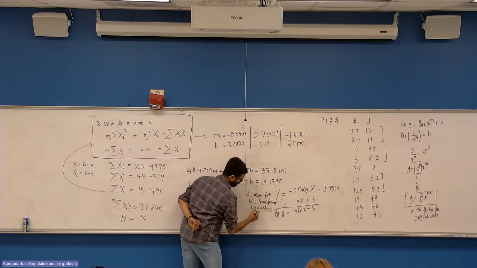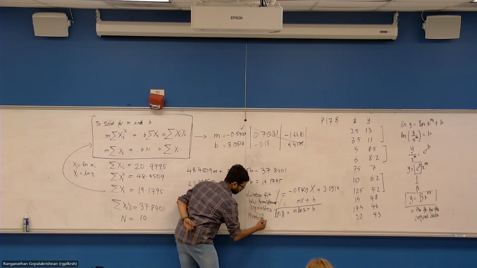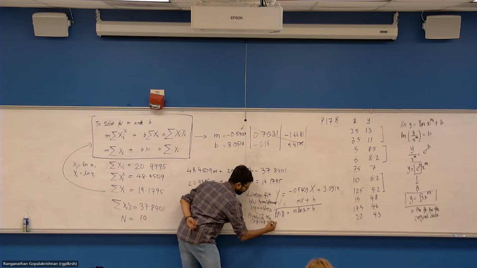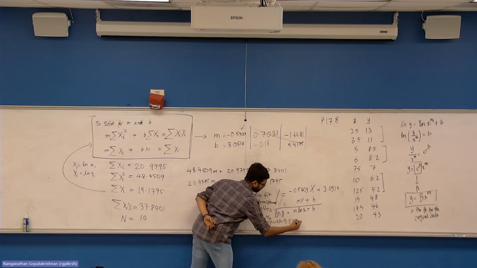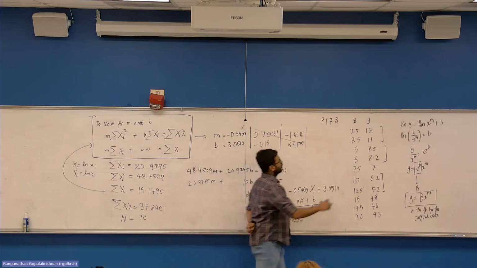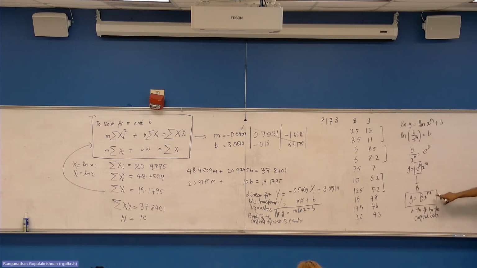You start with that linear fit by applying the original definition of uppercase X and uppercase Y. You start here, you work backwards to bring it in terms of Y equal to some function of X, which happens to be a power law. This is called a power law.